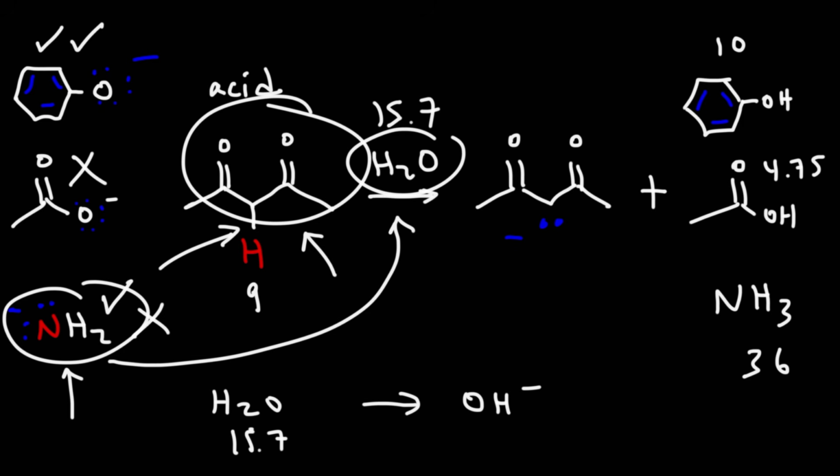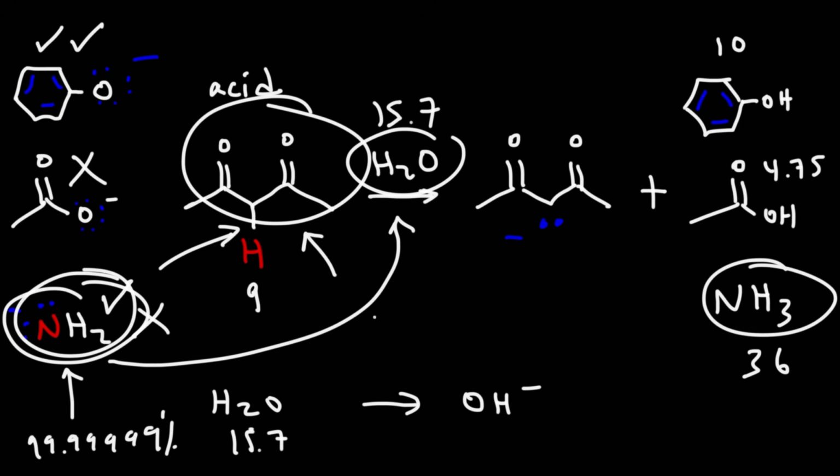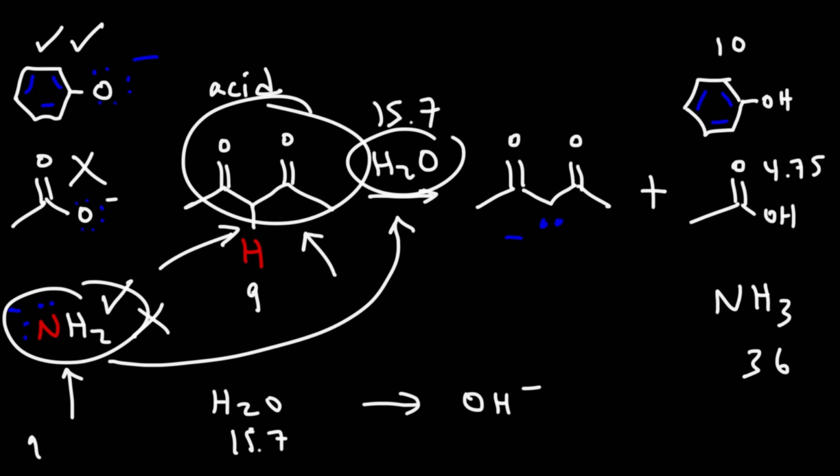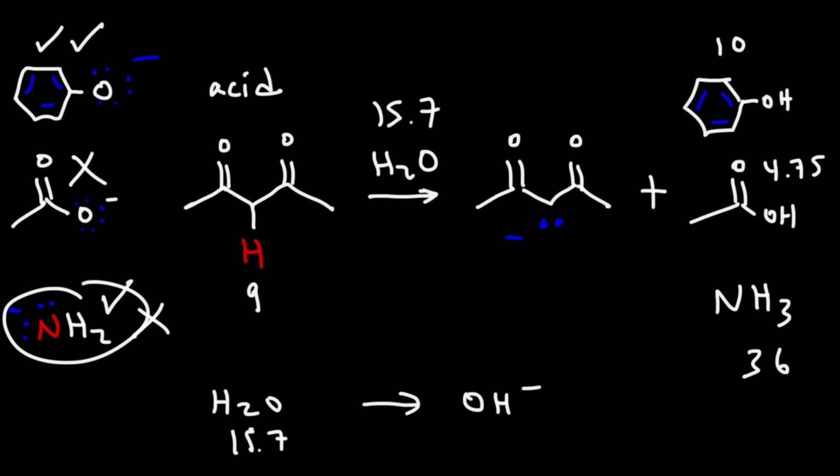As soon as it hits that water, it's gone. So more than 99.9999999% of this is going to be turned into ammonia. So for all practical purposes, this is really not going to get a chance to react with the target acid, because it's going to react with the solvent immediately once you dissolve it in water.